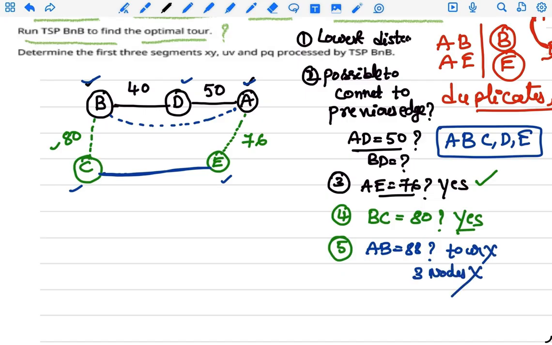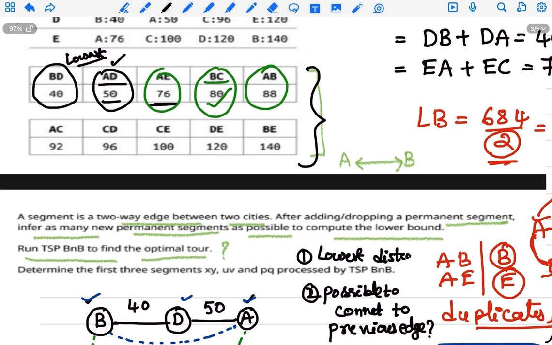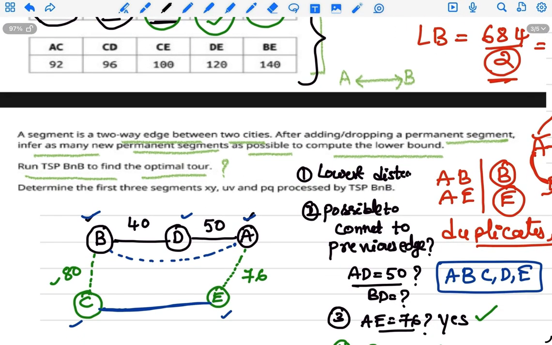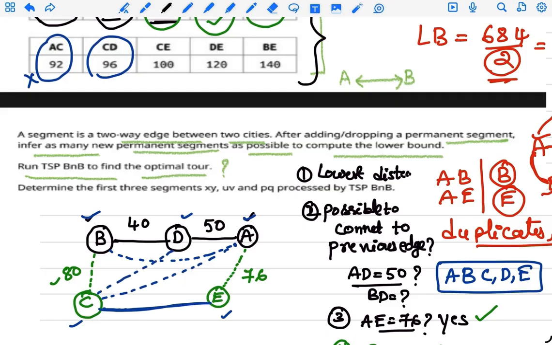It's not a tour. So it's not possible to connect AB. Next, is it possible to connect AC? Same. If we connect AC, only 4 cities are there. Not possible. Is it possible to connect CD? If we connect CD, this is also not possible.